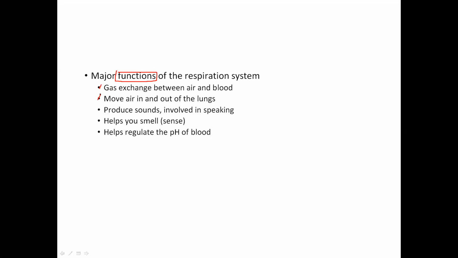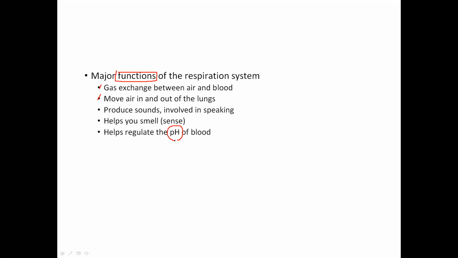It also functions to move air in and out of the lungs. It helps us speak, so we are able to produce sound because of air coming out of the lungs and up through the vocal cords. It also helps us with smell, and it helps with the regulation of pH.